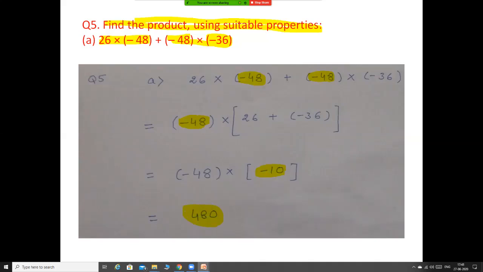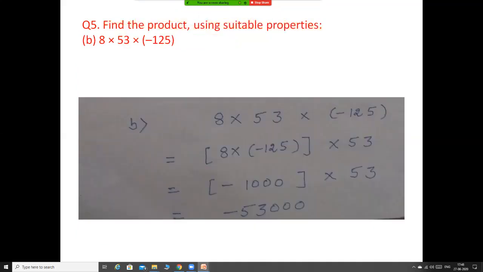Once again, I suggest you not to multiply 26 with minus 48, not to multiply minus 48 with minus 36. Using the properties. So this is the property we are using here, distributive property.